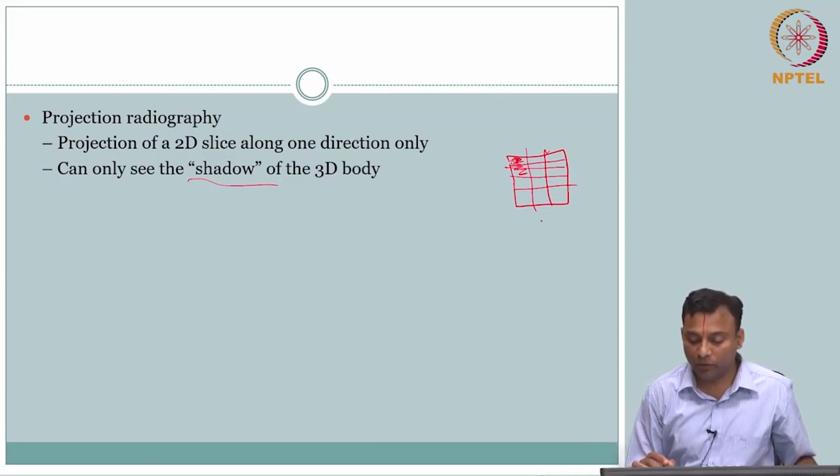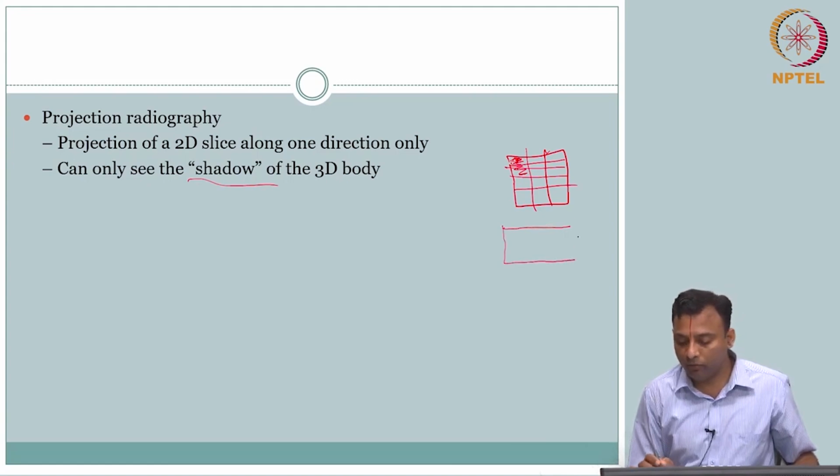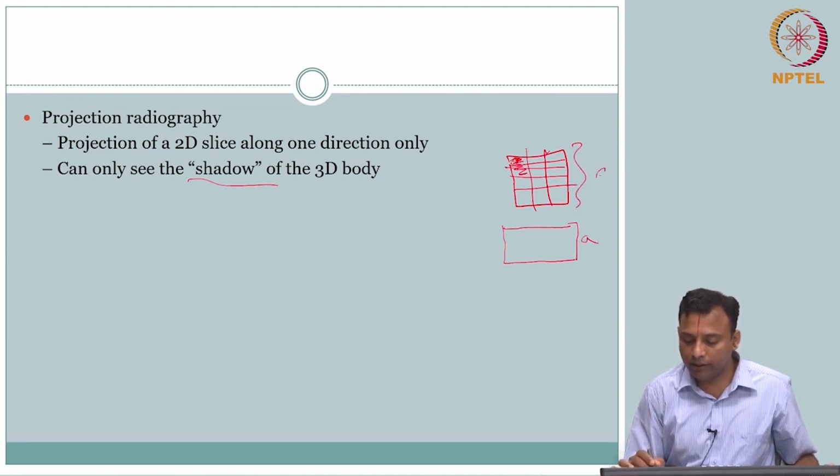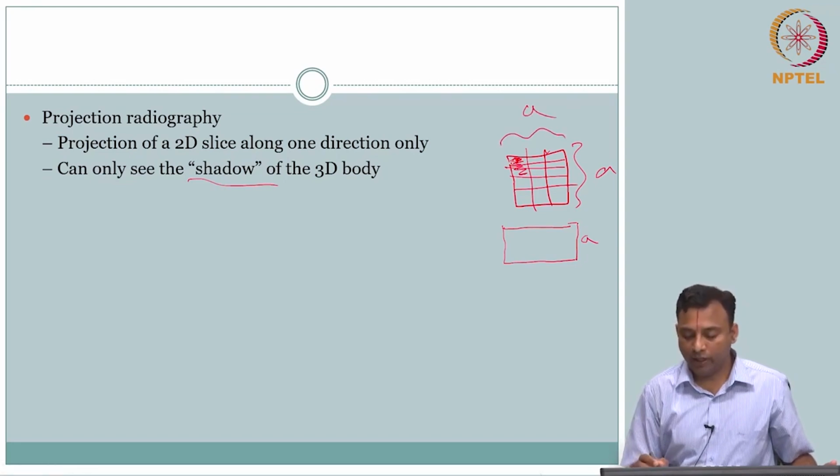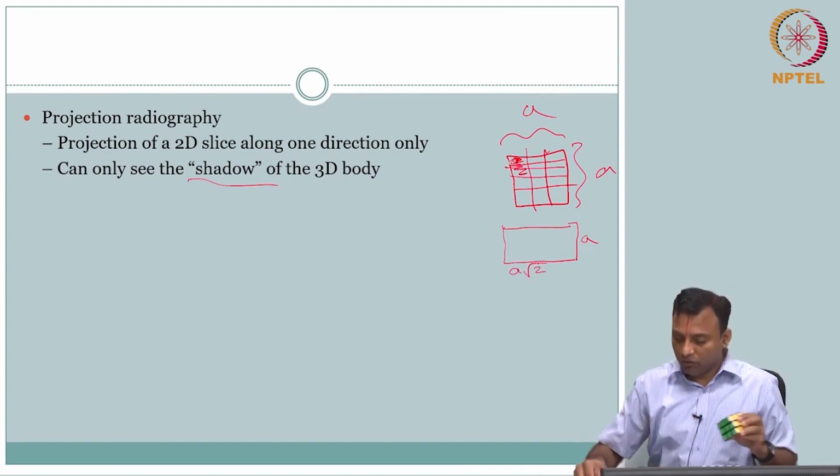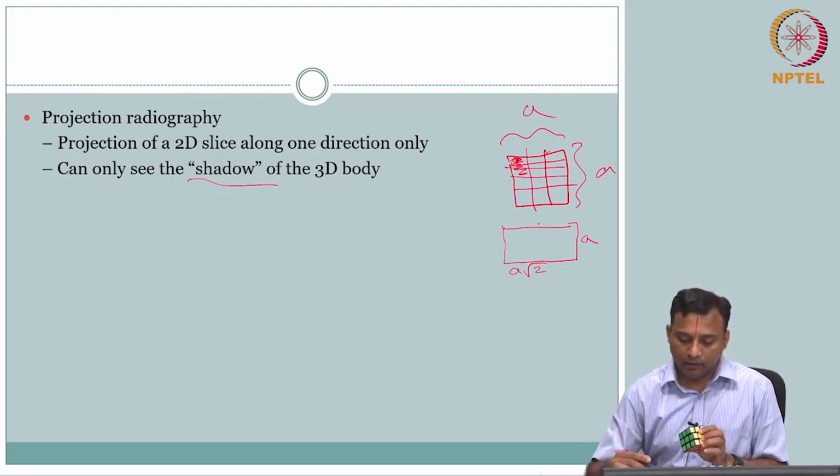So the only thing you will see is, if this length is A and this is A, you are going to see probably square root of 2 times A. So I will still see this as A, but my width will be square root of 2 times A. Clear?